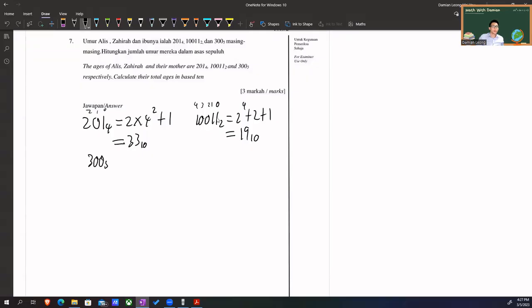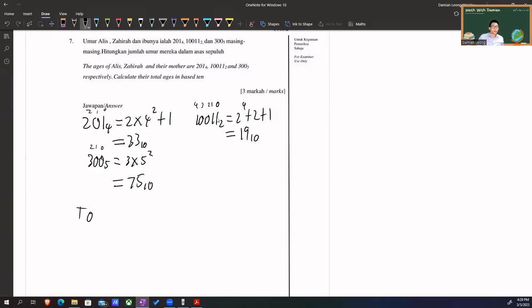And 300 base 5 converted to base 10 is power 0, 1, 2. So 3 times 5 square. 75 base 10. Yeah.